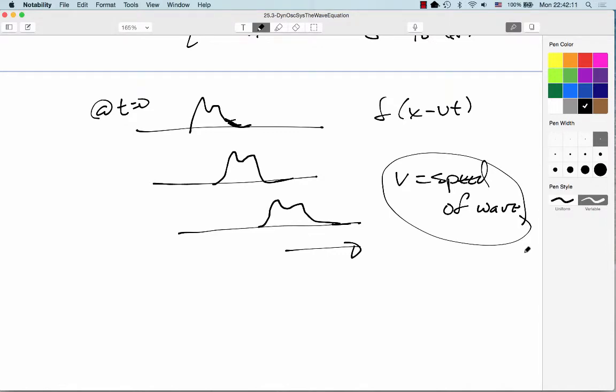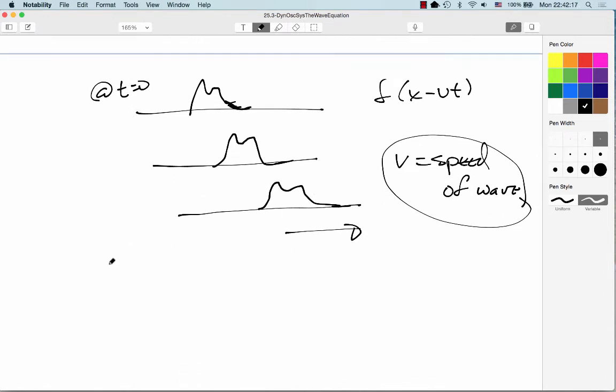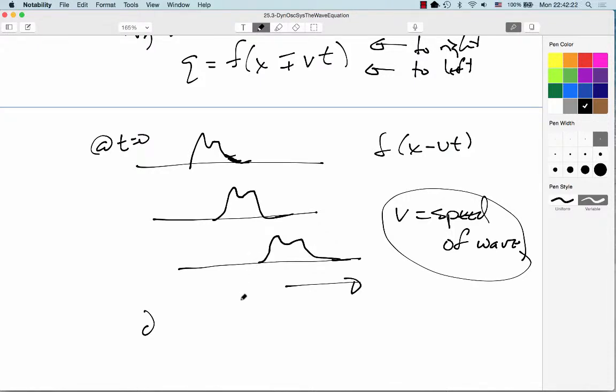So then let's go ahead and stick our trial solution into the wave equation. Partial squared q partial t squared will be differentiating f with respect to t twice. Whether it's plus or minus, it's going to bring out two powers of v, so v squared f double prime, and that equals partial squared q partial x squared.